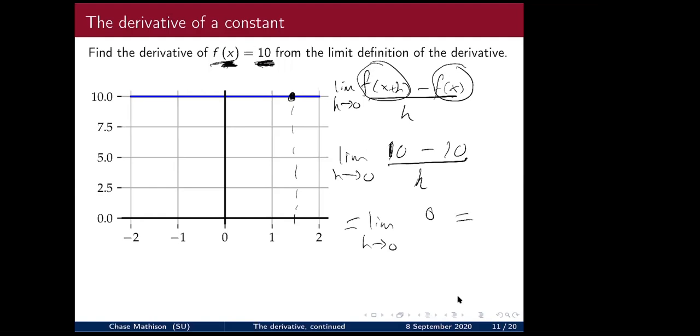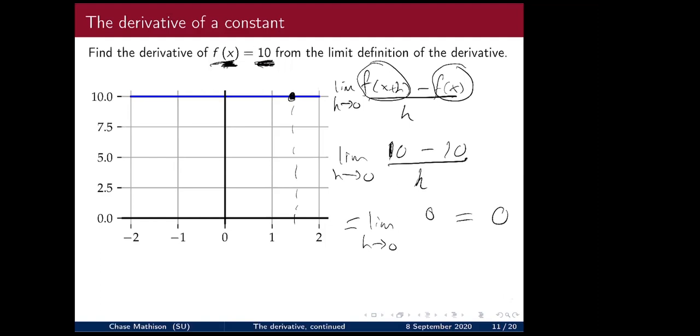That's just 0, right? So it checks out. We just decided that the slope of a horizontal line is 0. Nothing groundbreaking, but calculus checks out with our intuition here, right?